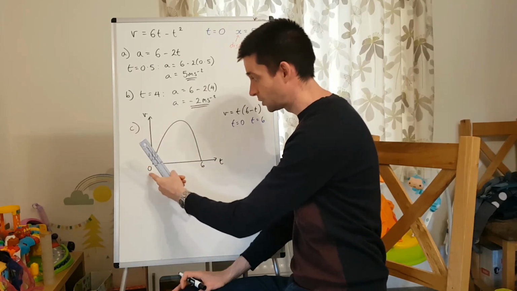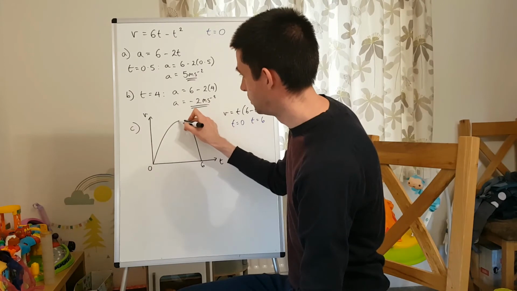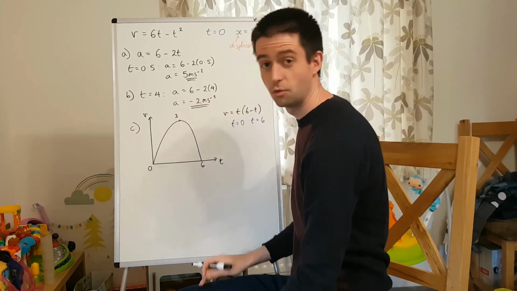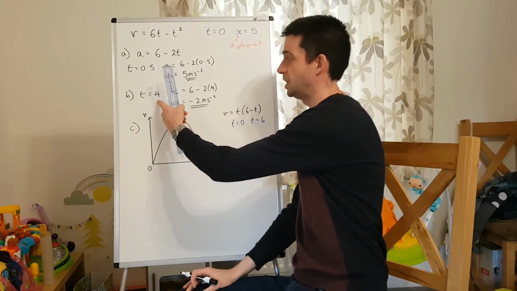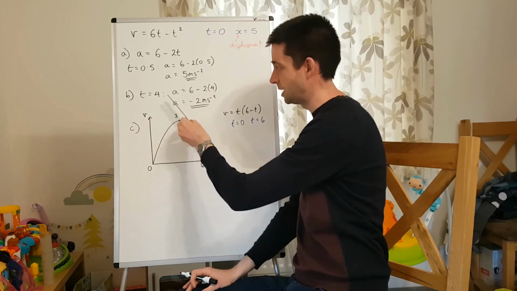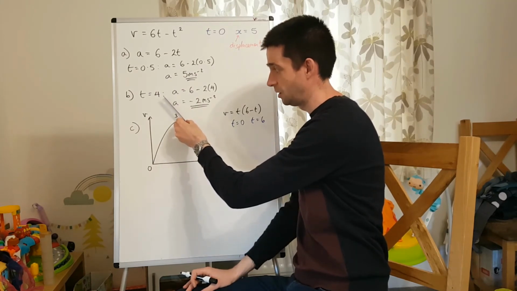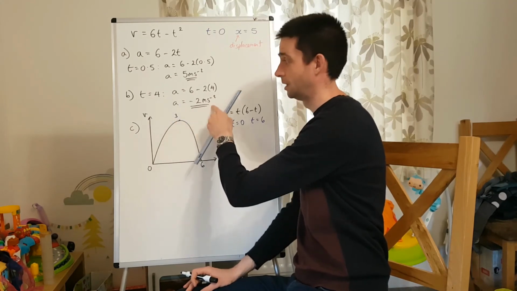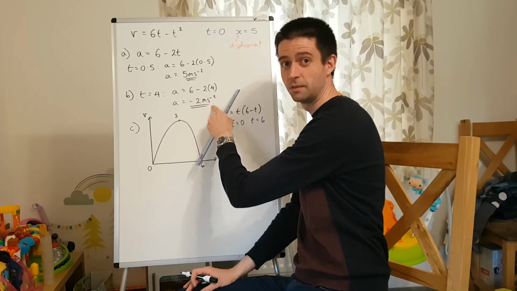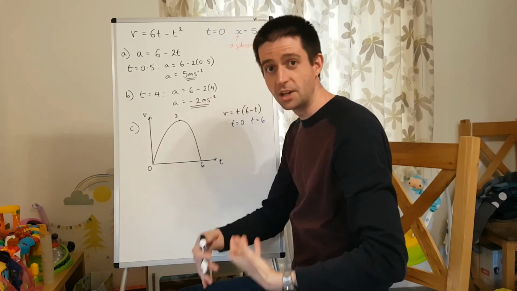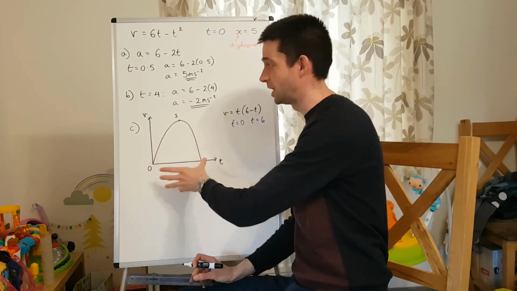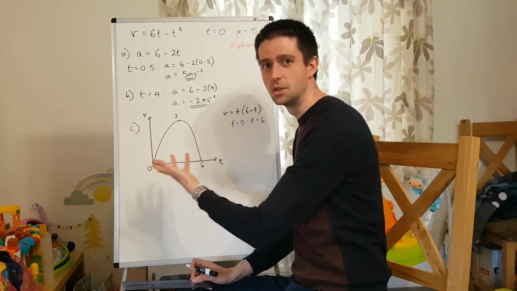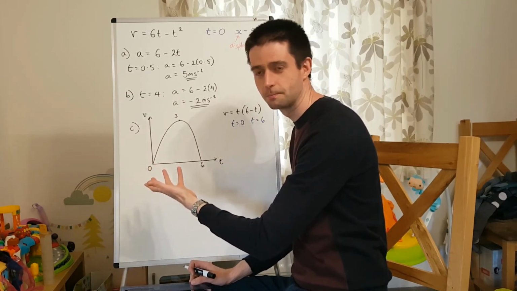Now 0, 6, the midpoint here is going to be when t is 3. So when t is 4, I'm past 3, and if I were to draw a tangent in when t is 4, that tangent has a negative gradient because at this point the particle is decelerating, and that's why I got negative 2 as my answer for B. So drawing a sketch is really helpful to enable you to interpret what's going on in these non-constant acceleration questions.